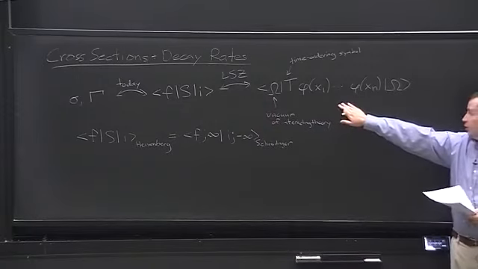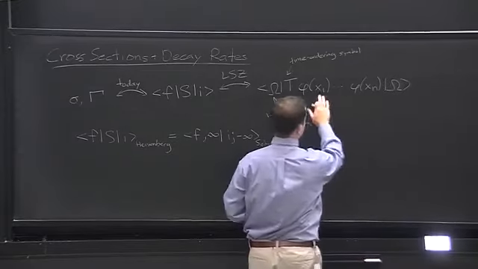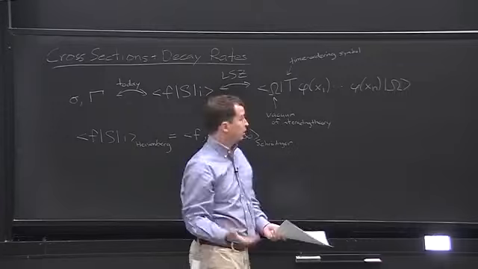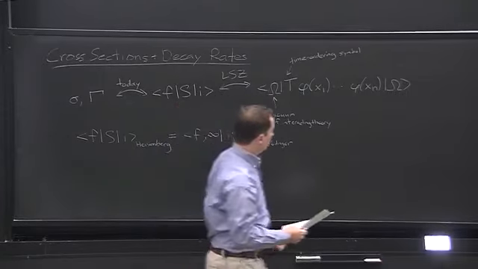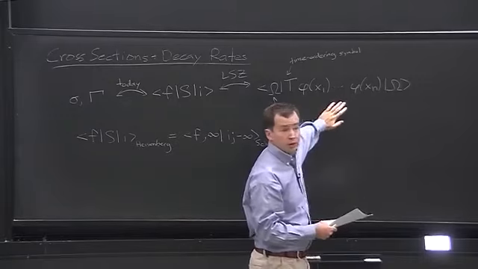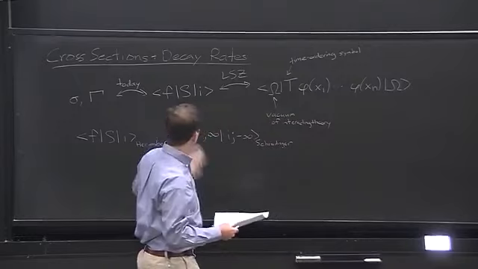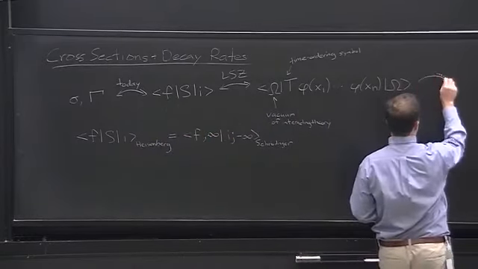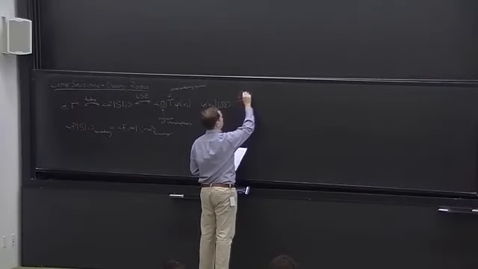While this is already looking like something you computed in tutorial yesterday, we basically were looking at just the vacuum expectation value of two fields. We didn't worry about time ordering yet, and we were in a free theory. But this is something that we have more hope of being able to compute than this. And we will be able to compute this by, as I mentioned before, going to the interaction picture.